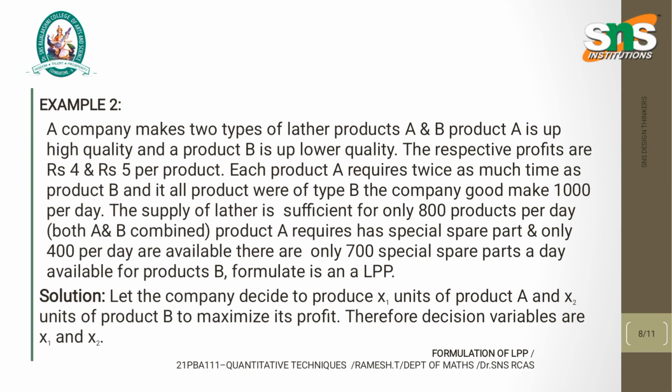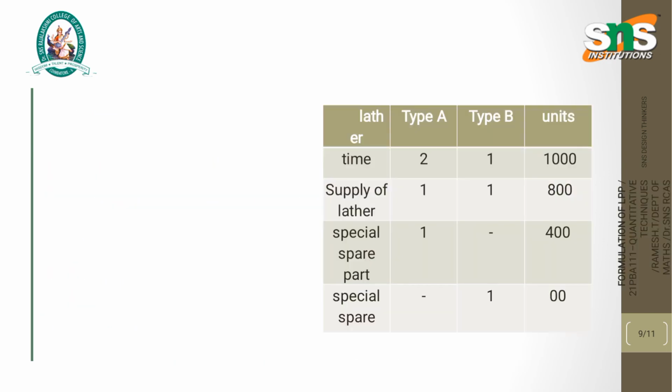So first we identify how many decision variables. Here there are two products. Therefore, x1 and x2 are the two decision variables to maximize its profit. So we have this type of table. The supply of leather for type A is 1 and type B is 1. It is not more than 800.